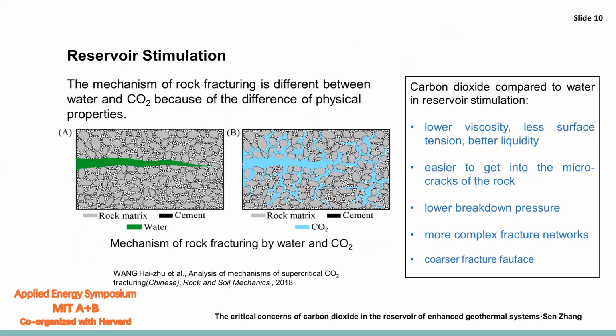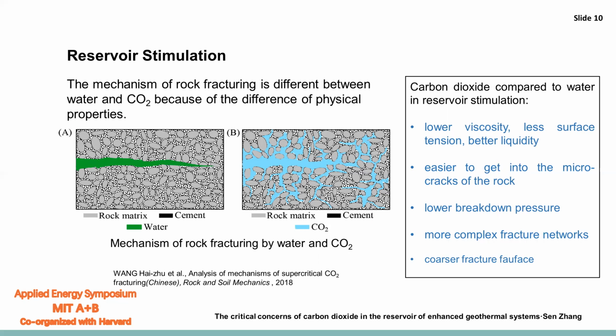And how about in the reservoir stimulation? This figure shows that from the left side figure, we can see if we use water as the stimulation fluid, you're going to create a single fracture. But if you use CO2, obviously you create many tiny, small fractures rather than one single fracture.